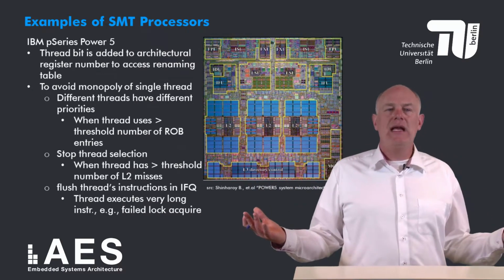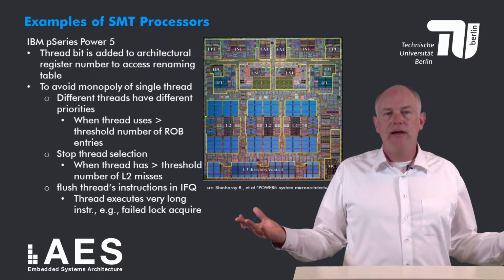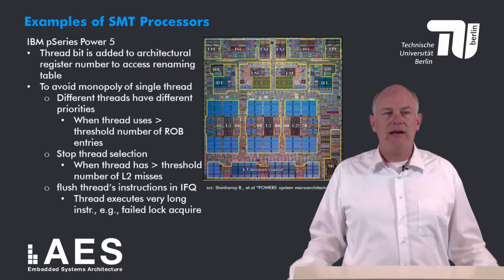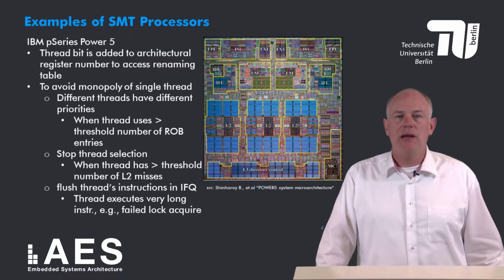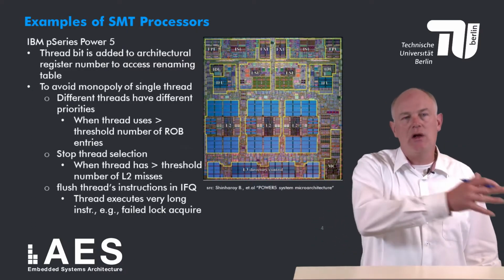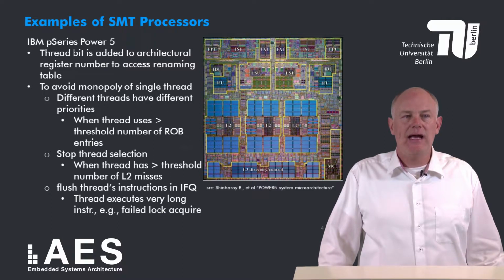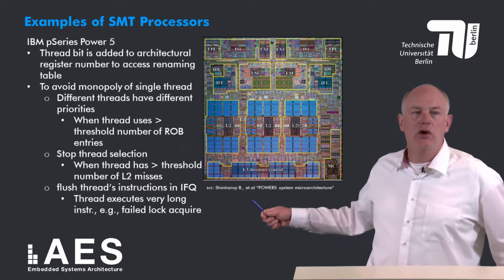Then there are so many misses in flight that we must stall this thread, because the hardware is not able to handle more misses, and also the other thread should be able to continue execution when it incurs a miss.